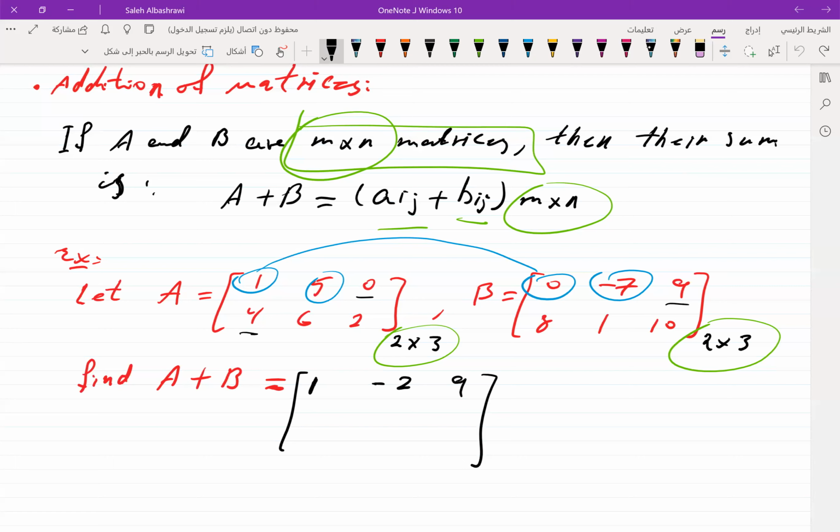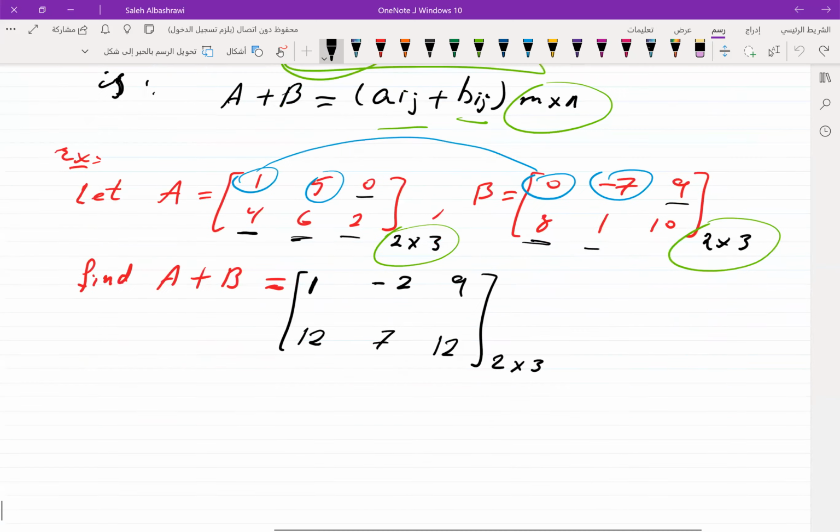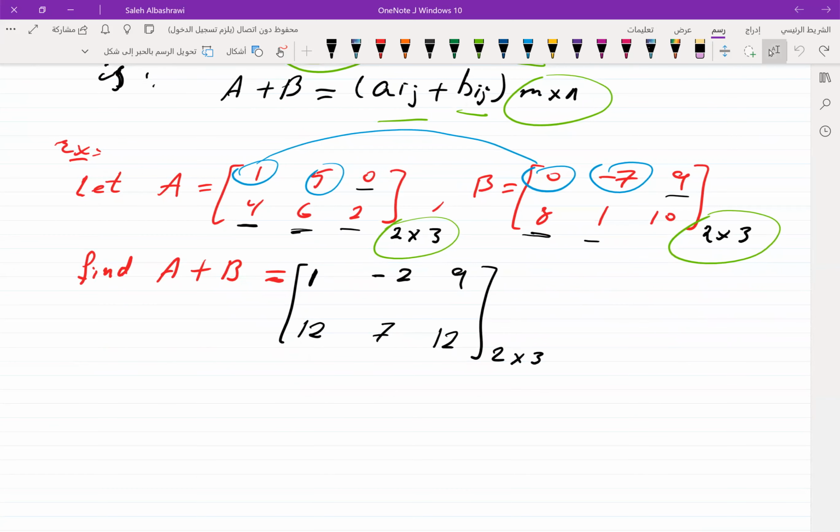Now next, I have 4 with 8. 4 plus 8 equal to 12. 6 plus 1 equal to 7. And 2 plus 10 equal to 12. You can see that the size is 2 rows and 3 columns. So this is the idea of adding two matrices.